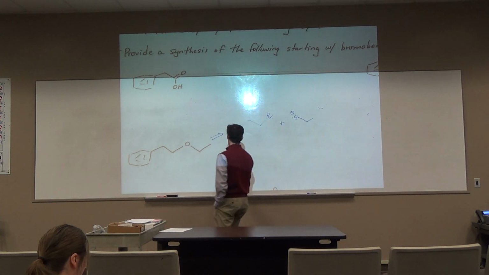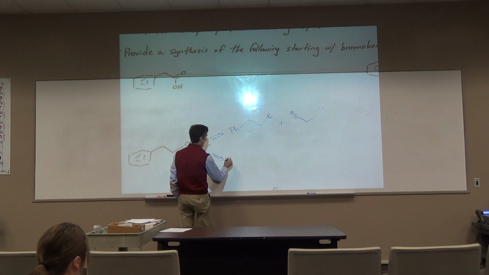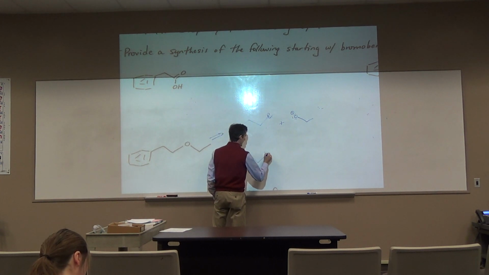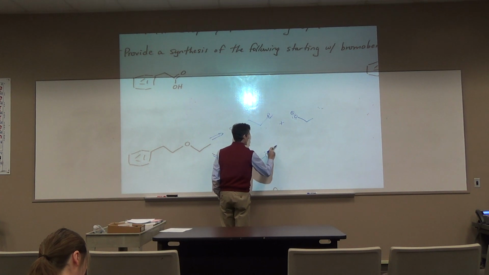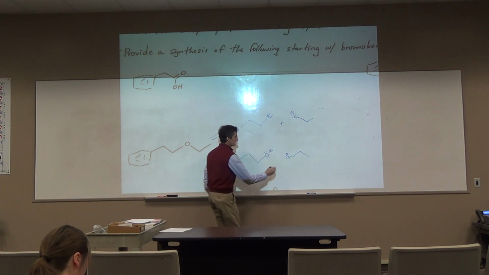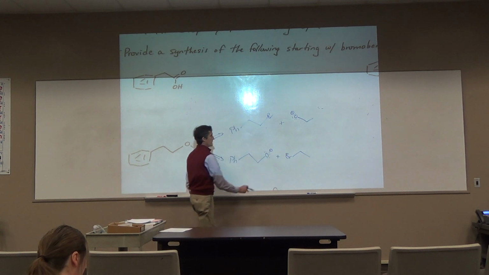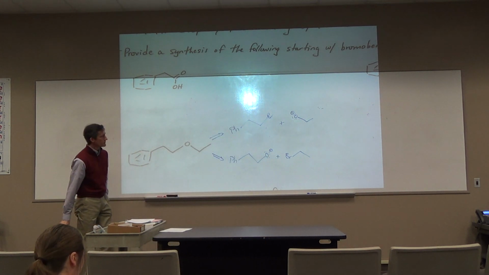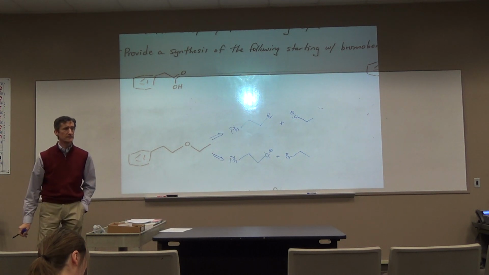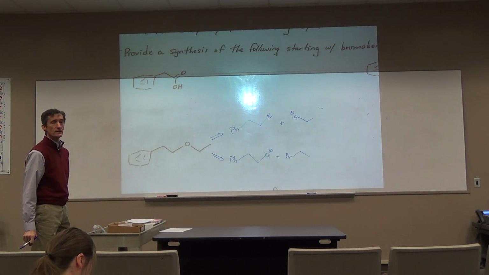We could also go back to making the ether from the other direction, have the oxygen here, and have something like this. Which one would be best, or would they be equally good?